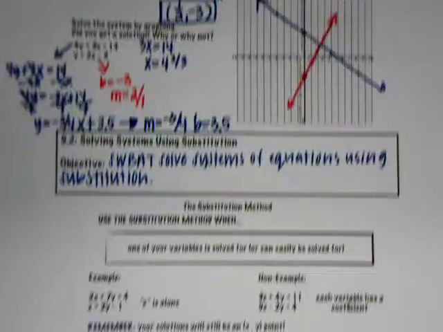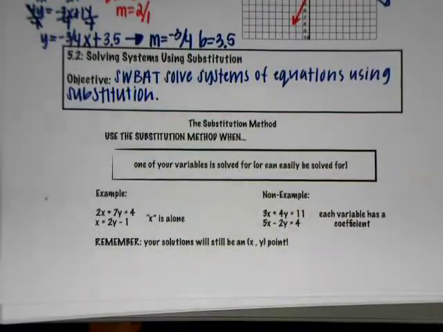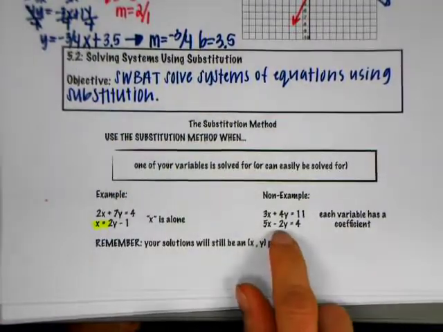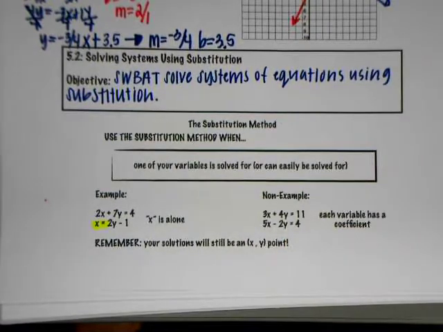So an example of that would be like this one, because you have x already solved for in one of them, so it's x equals, versus this one where you don't have an x equals or a y equals, and you also couldn't really easily solve for it, okay? And then no matter what, even though we're not going to be graphing today, all of our answers are going to be where our lines would cross on a graph still, right?